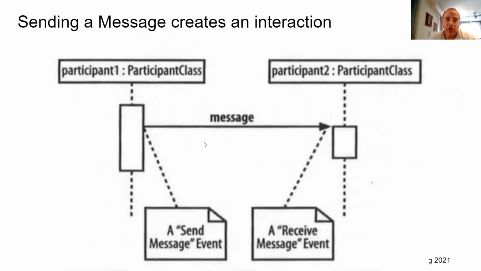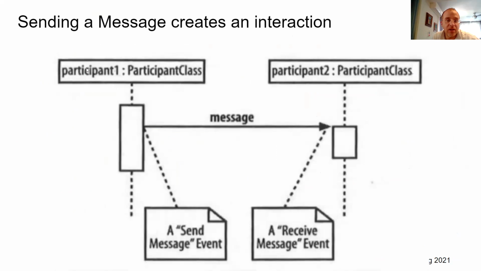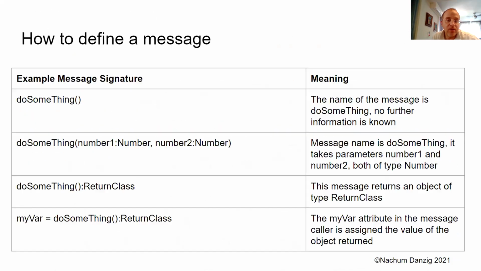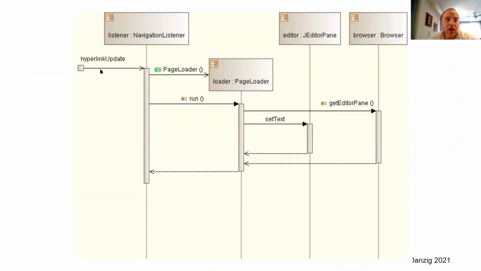So if we go back to our picture, I wasn't really intending to explain everything, just to show you the general idea. So the hyperlink just asks the listener to start. He doesn't have to wait for that. And he asks the page loader to do this thing.